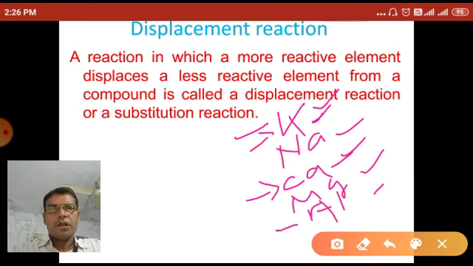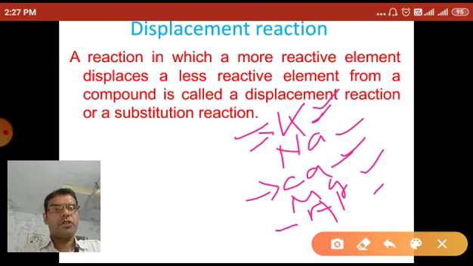The metals which occupy positions on top displace the metals which occupy lower positions in this series from their compounds.